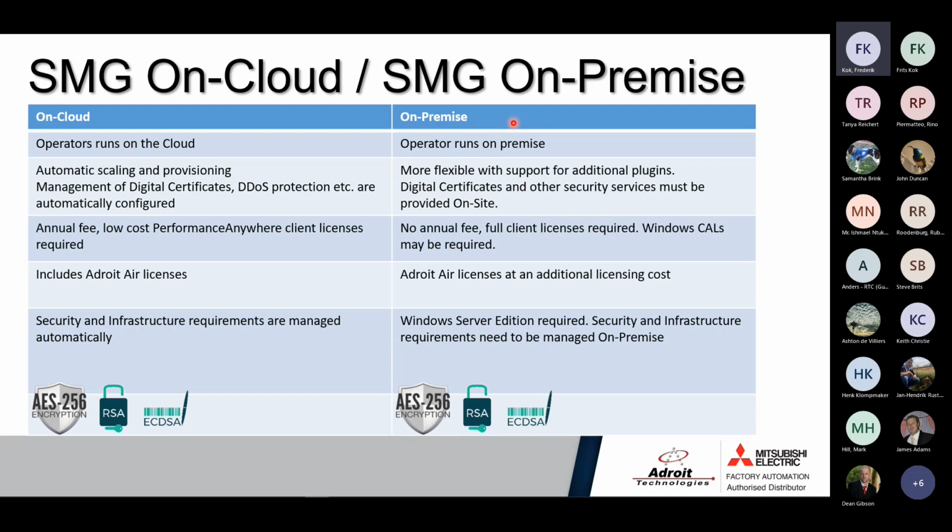Coming back to on cloud, the cost for the on cloud version is a Performance Anywhere client license. So this is a low cost client license, but there is an annual fee that you need to pay for because it's a hosting service.